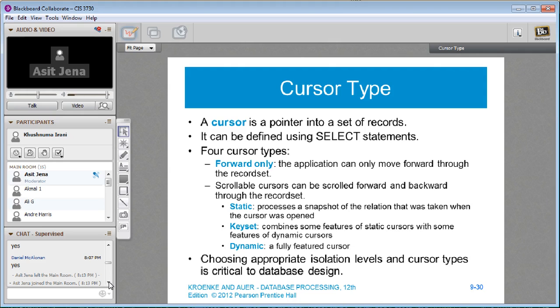Then all these records are stored within a cursor, and then you can go through the record set programmatically. Say you got 10, you get the first one, you do something to it, you modify it, then you go to the next and you do something to it.